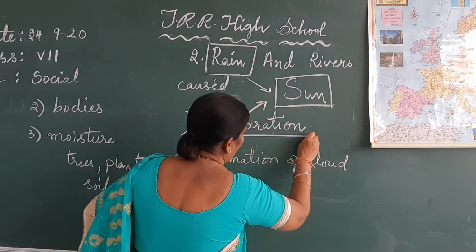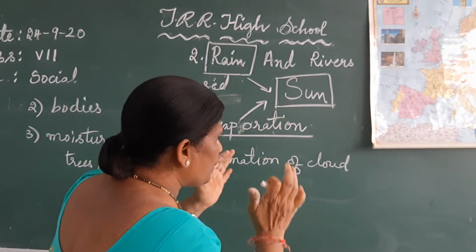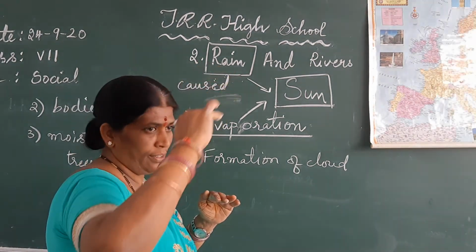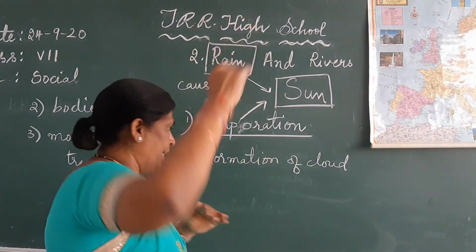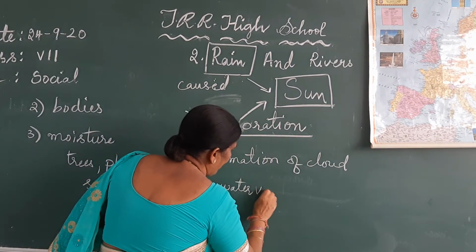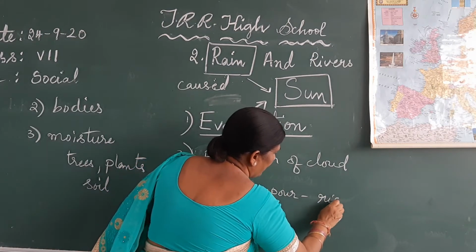Now you see, children, evaporation, what we said, is water changing into water vapor. As the temperature is high, this water vapor will rise up in the air.